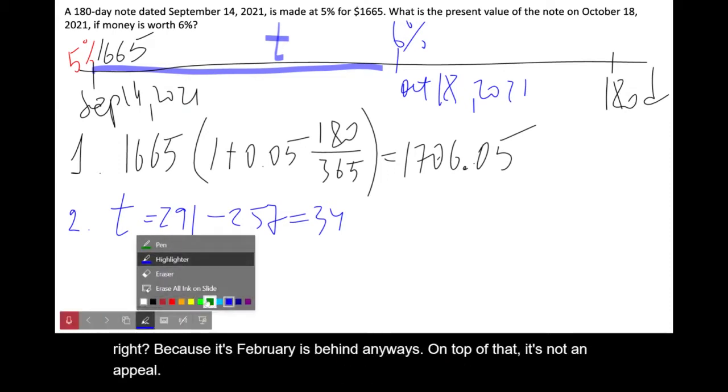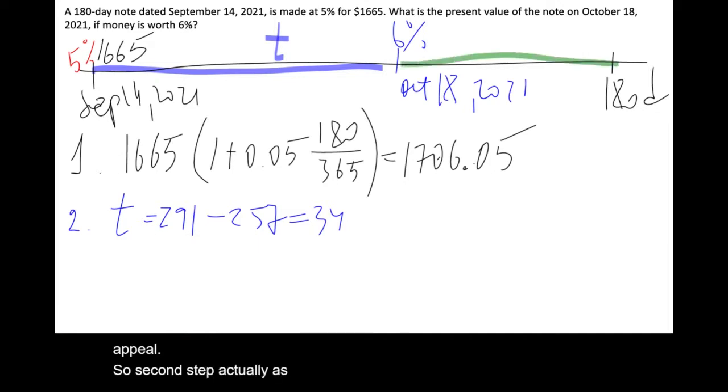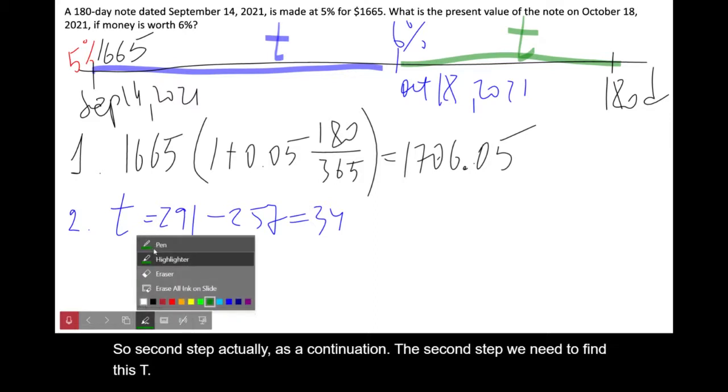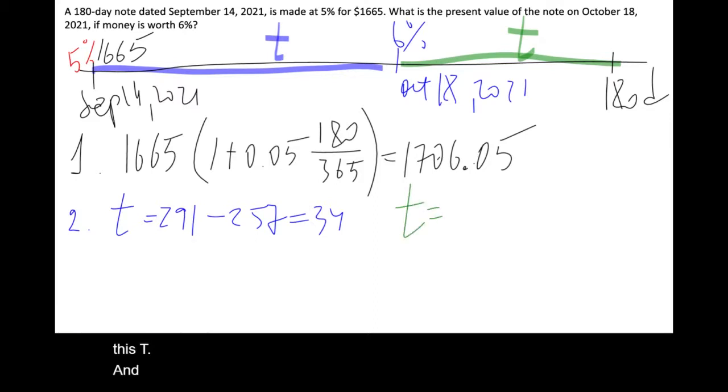So as a continuation of the second step, we need to find this t, and this t is 180 minus 34, so it is 146. Correct?